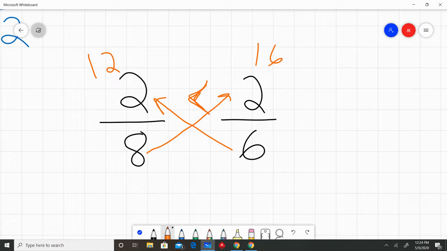And that also matches our strategy of the bigger the denominator, the smaller the fraction. Okay, so that works for cross multiplying as well.